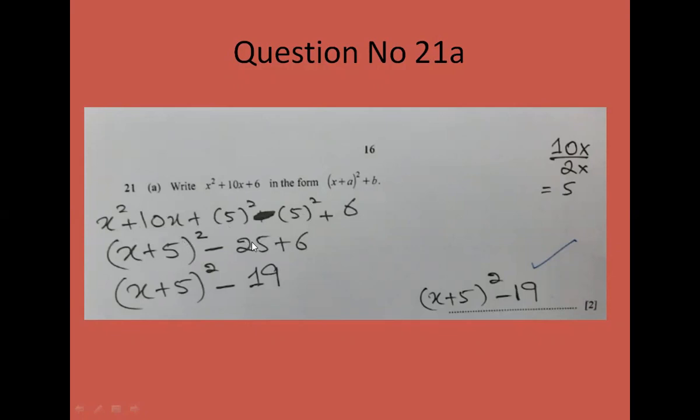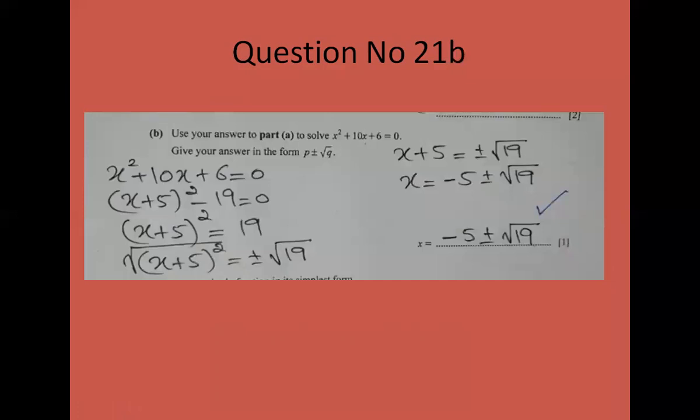This minus 5 squared will be minus 25 plus 6. So you will have (x plus 5) whole squared minus 19. So you can see I have got that shape. This is called the completing the square method: the x coefficient is divided by 2, and whatever answer you get, you add its square and subtract its square from the given expression.